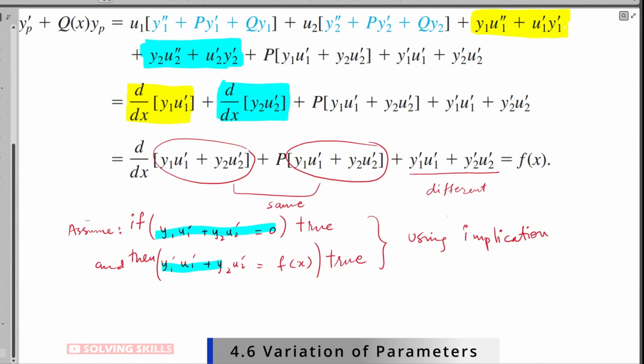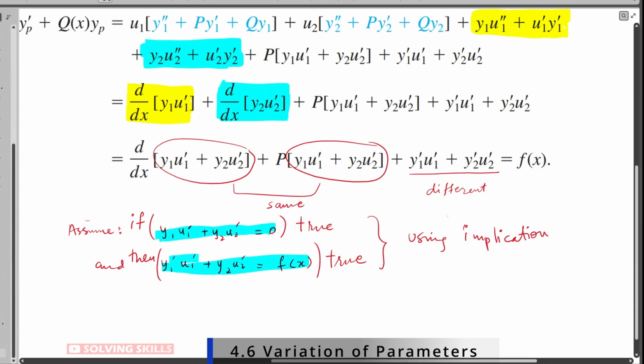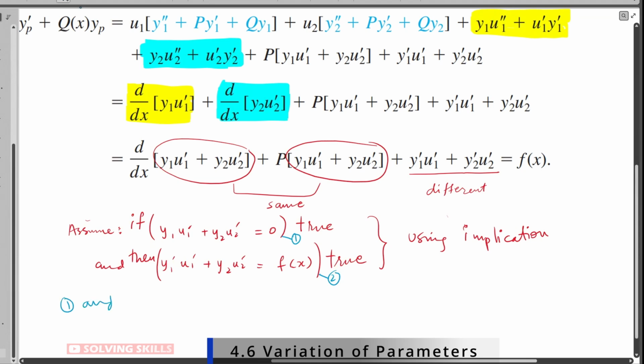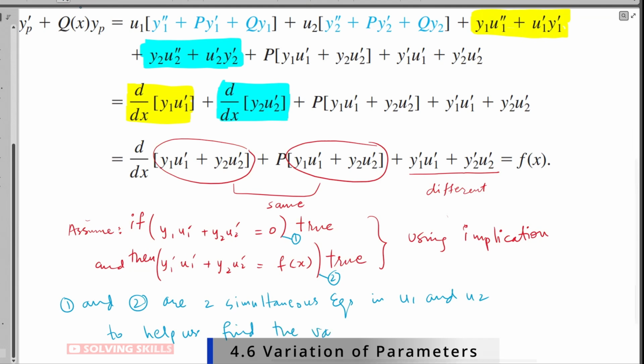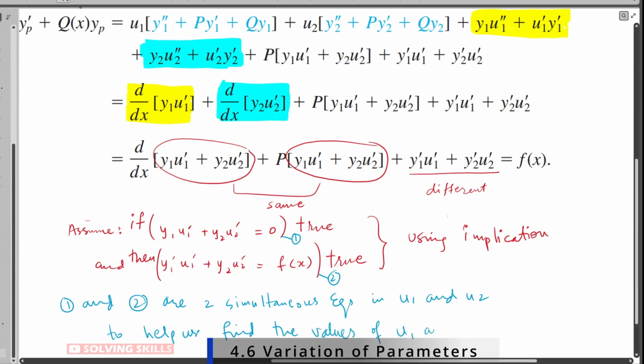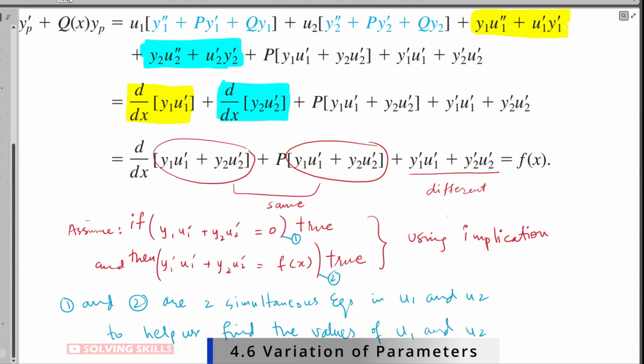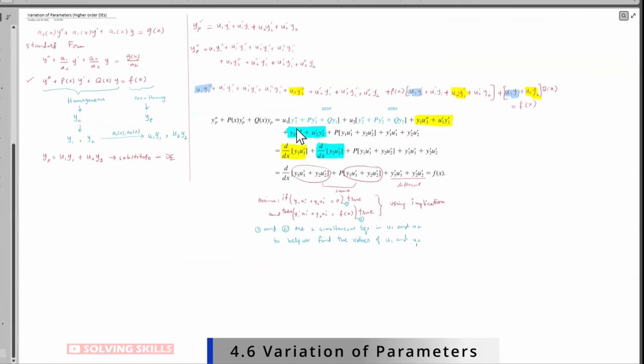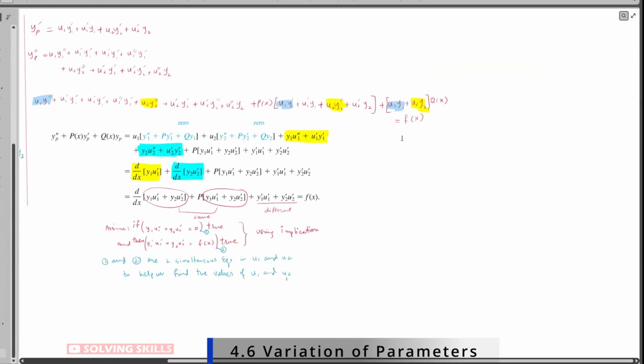These two are the simultaneous equations that we require, in u1 and u2, to help us find the values of u1 and u2. This gives us the basis of this method.